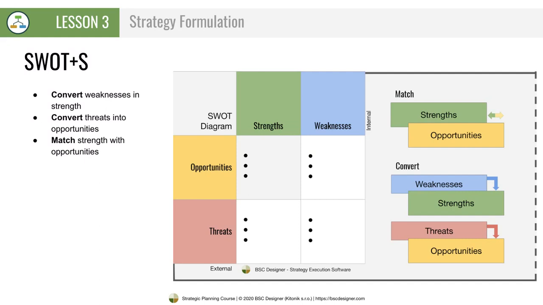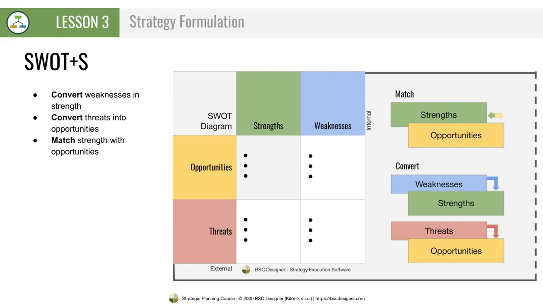SWOT+S. The SWOT framework doesn't need any introduction. At BSC Designer, we analyzed the possibility of using SWOT directly with a strategy map. We called it SWOT plus strategy. The strategy formulation potential of SWOT is about converting and matching.